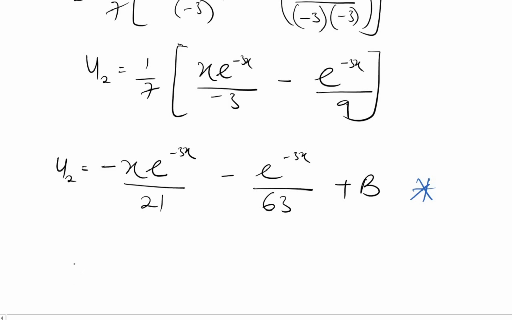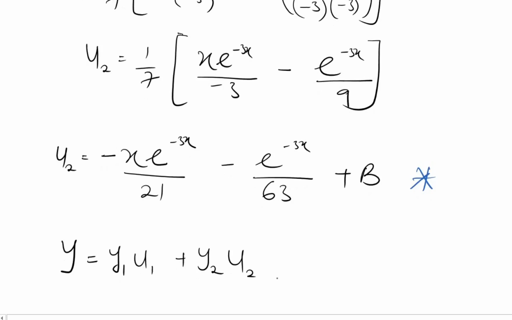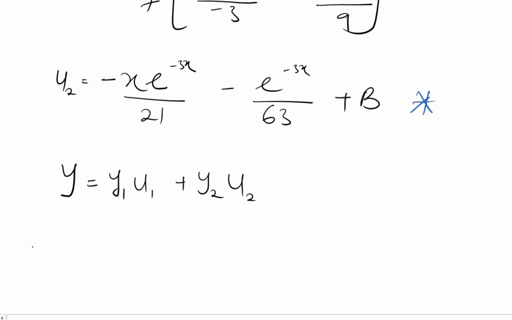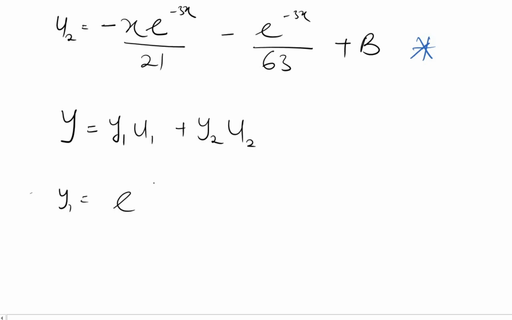So now moving to find the solution, y is equal to y1 u1 plus y2 u2. What's y1? y1 is exponential of negative 4x and y2 is exponential of 3x.